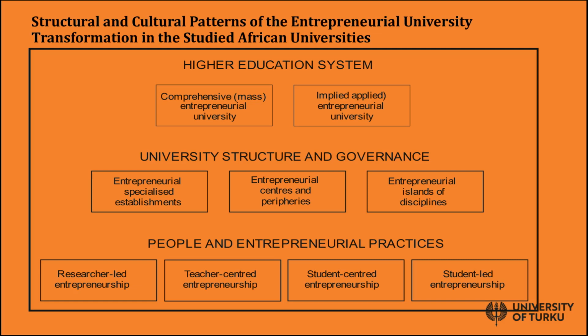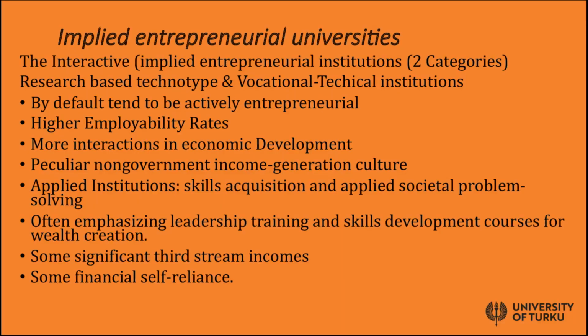At the higher education system level, at the university structural level and governance, we find the entrepreneurial specialized establishment, entrepreneurial centers and peripheries, entrepreneurial islands of disciplines. So at the basic unit we have the 4 levels. So this made them 9 patterns.